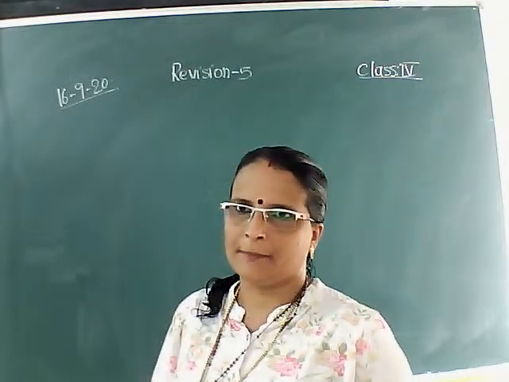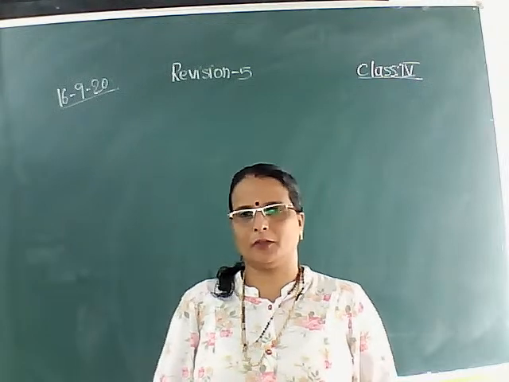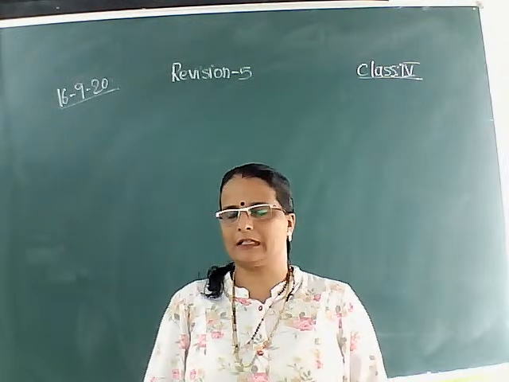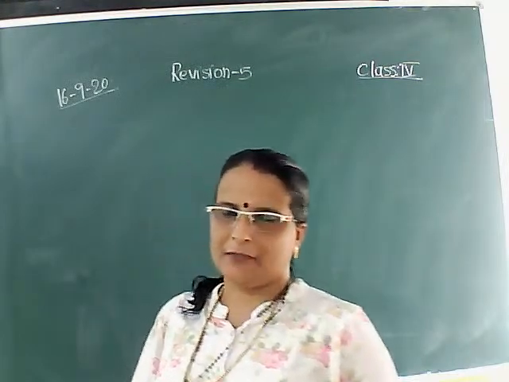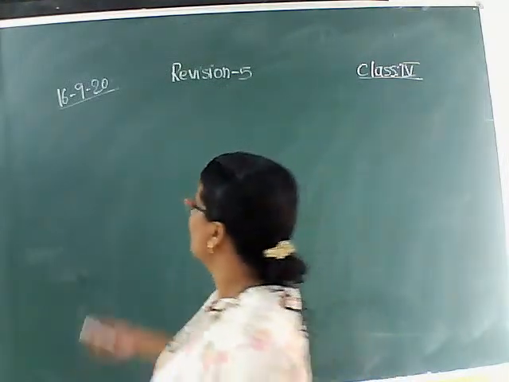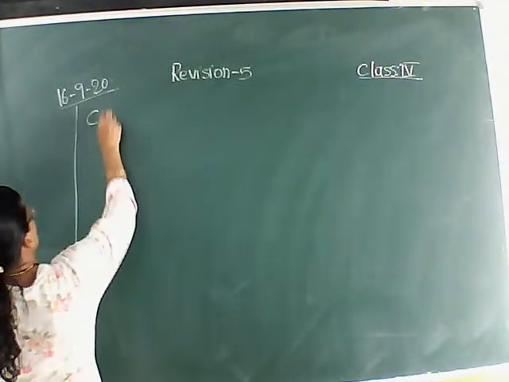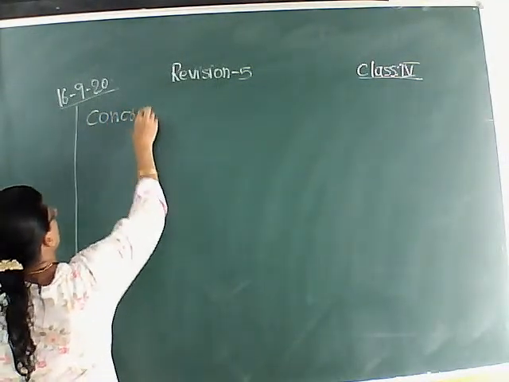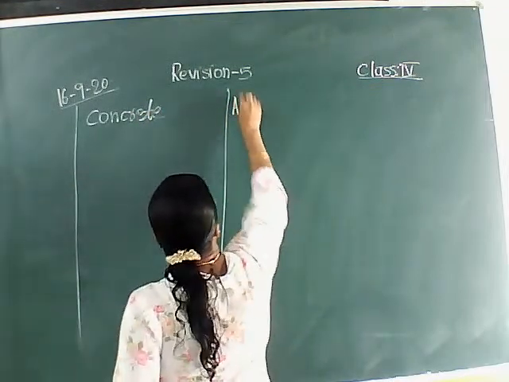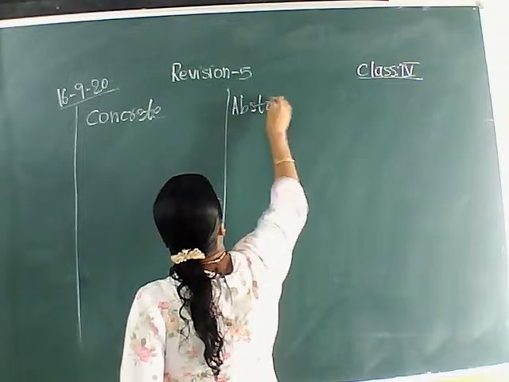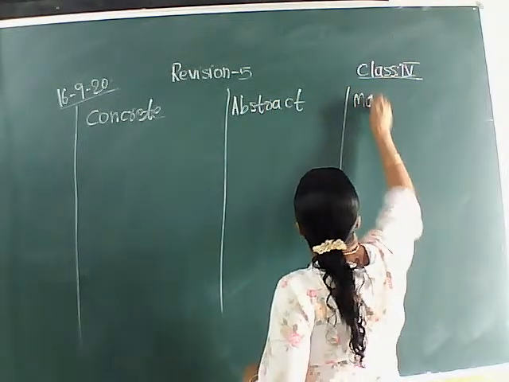uncountability. Okay. So yesterday we learned, in a quick revision, about proper noun, common noun, and collective nouns. Alright. Today we are going to learn about concrete, abstract, and material nouns.